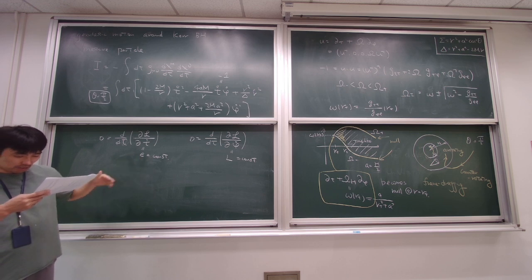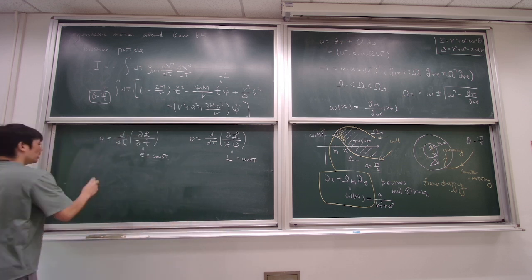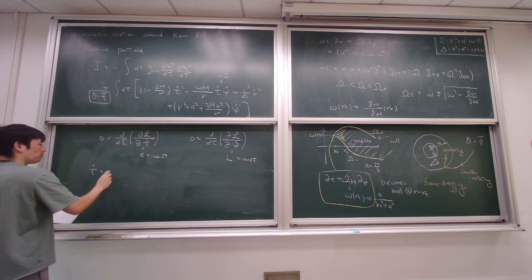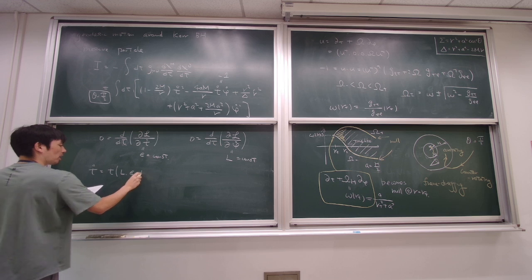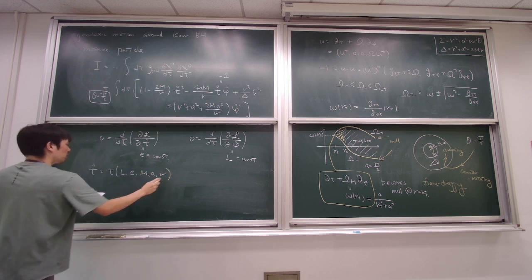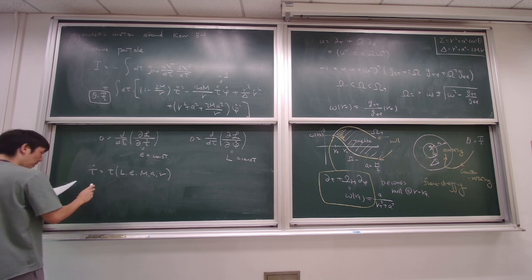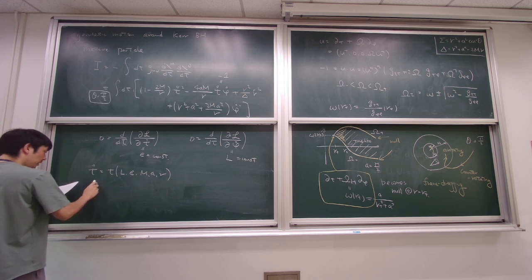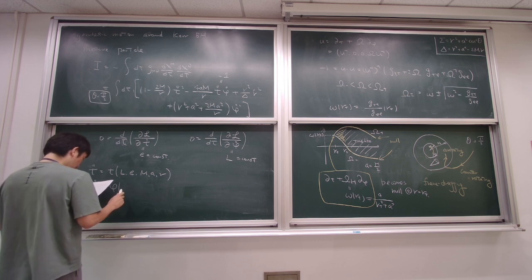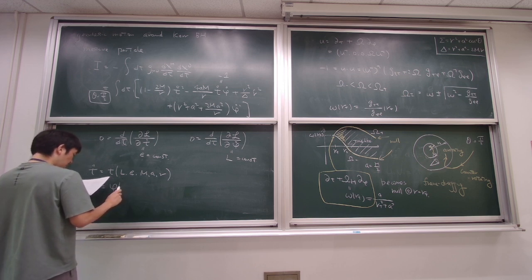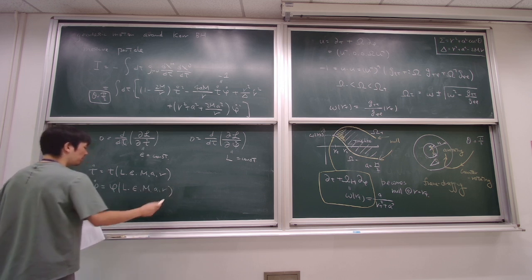Anyway, t dot can be written as a function of L and E, of course M, a and r. Phi dot is also just a function of L, E, M, a, r. It can be written this way.